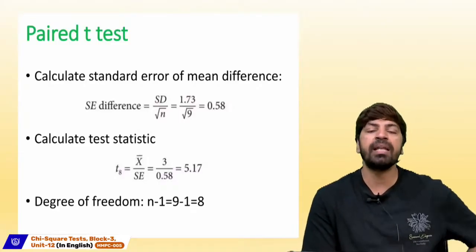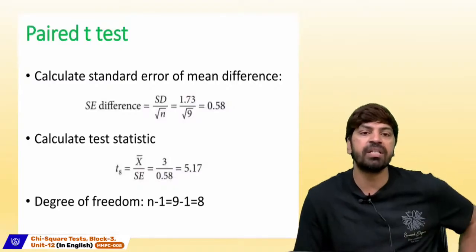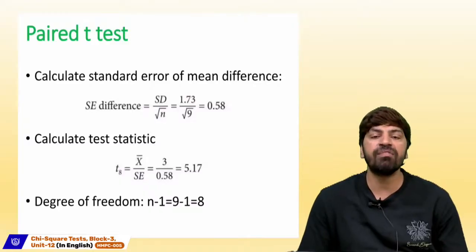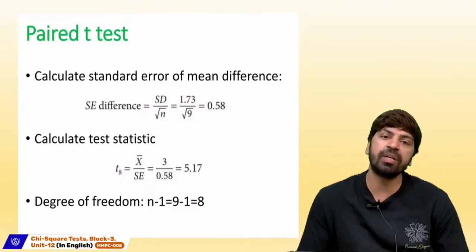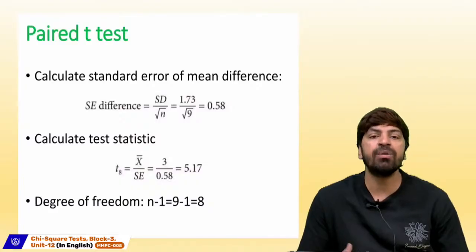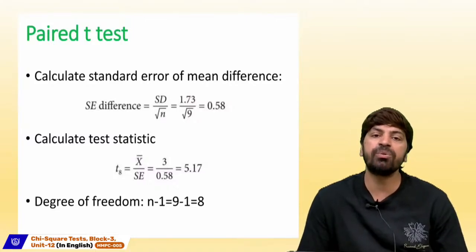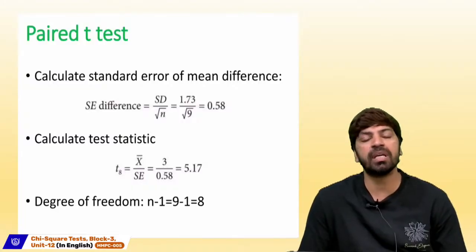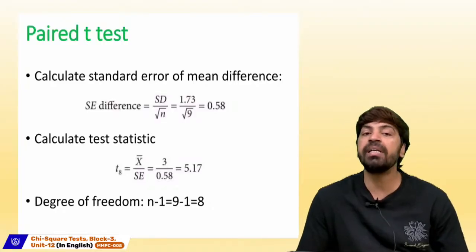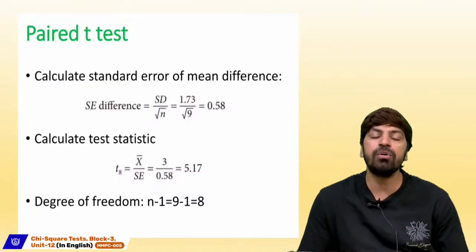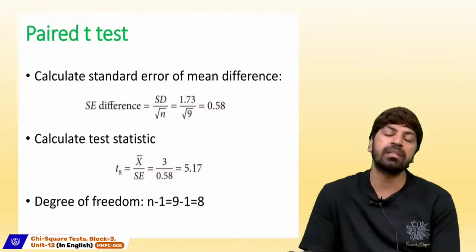So x bar, the mean difference, is 3, divided by the standard error, 0.58. Dividing 3 by 0.58, we get the t statistic value, 5.17, and the degree of freedom, which is n minus 1, that is 9 minus 1, which is equal to 8. Then our next task is to look up the t tabulated value.